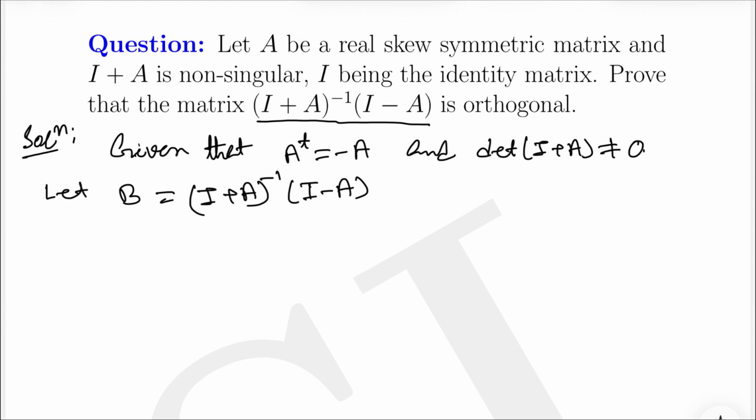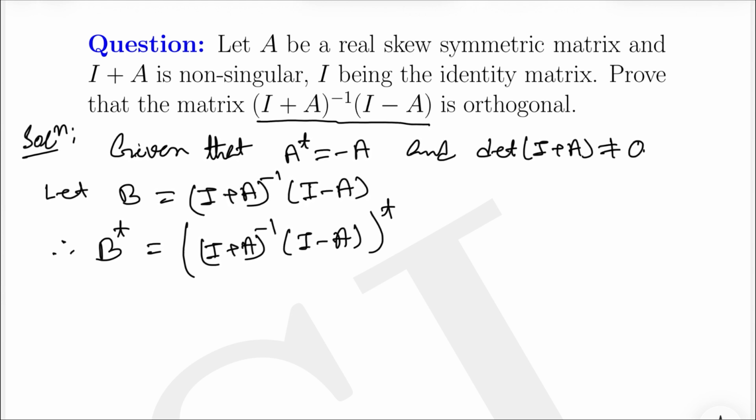So first find out the transpose of B. Therefore, B transpose is equal to ((I plus A) inverse into (I minus A)) transpose.